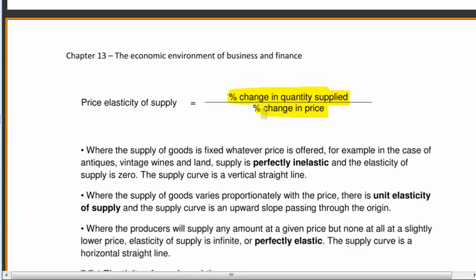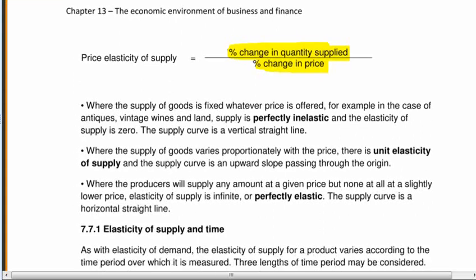Now again, there are different ranges of elasticity. It could be perfectly inelastic. And again, a bit like demand, a perfectly inelastic supply curve is just a vertical line.